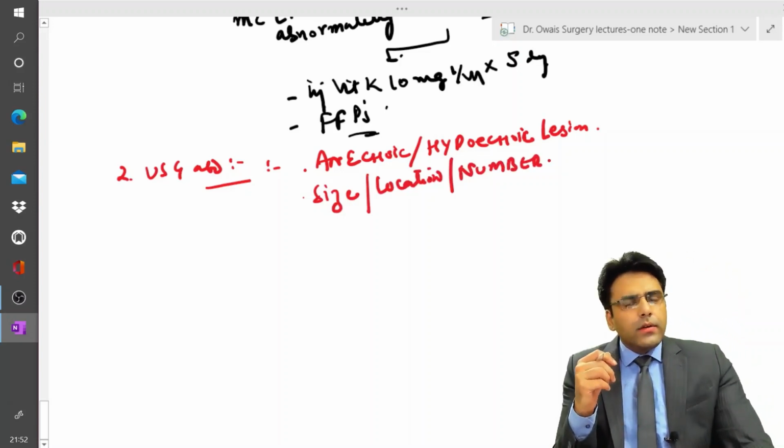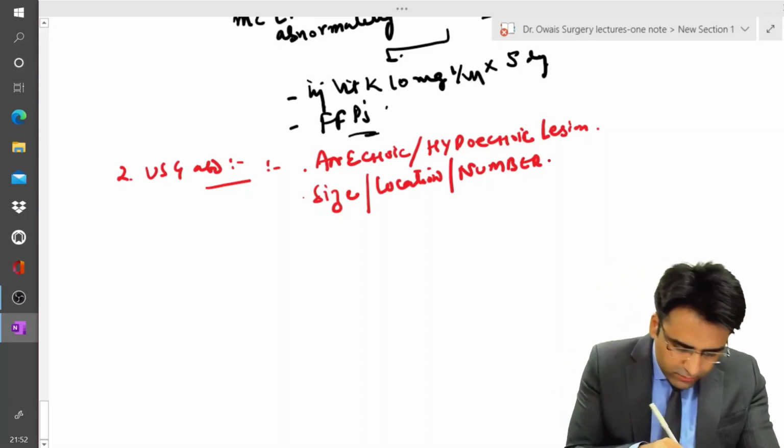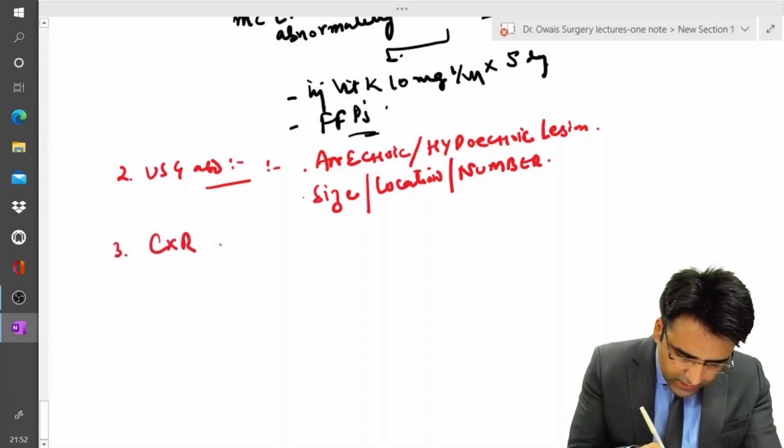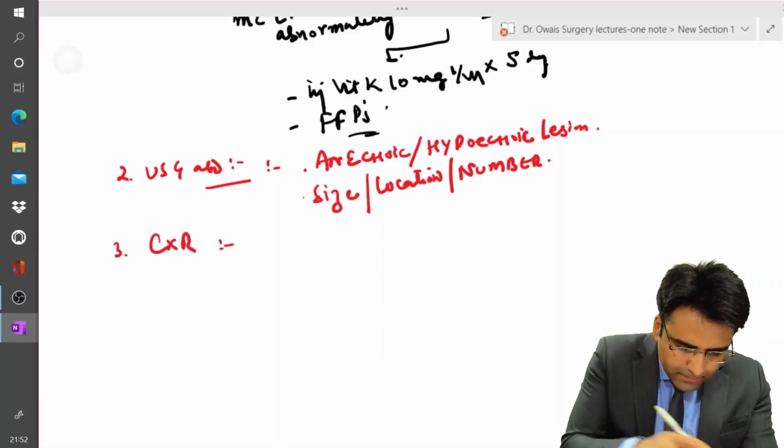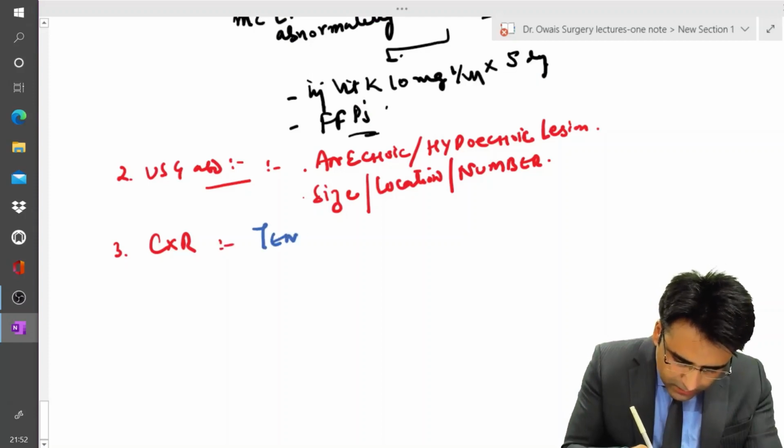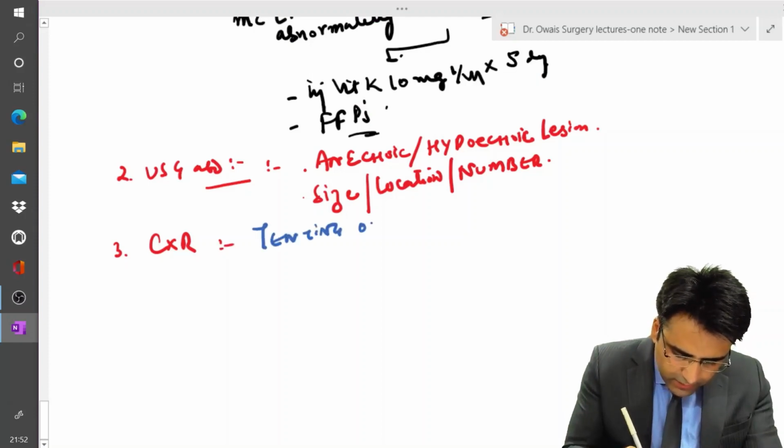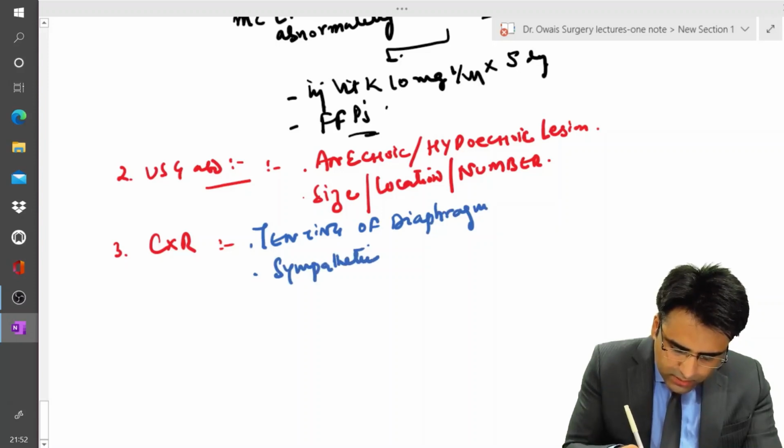Clear? Now if we do a chest x-ray in such cases, there will be tenting of the diaphragm, that is a raised right hemidiaphragm, and there can be sympathetic pleural effusion.